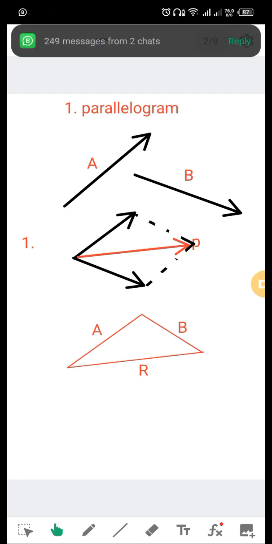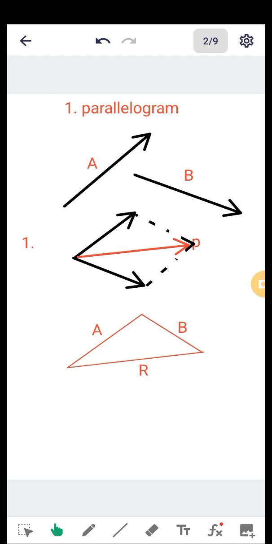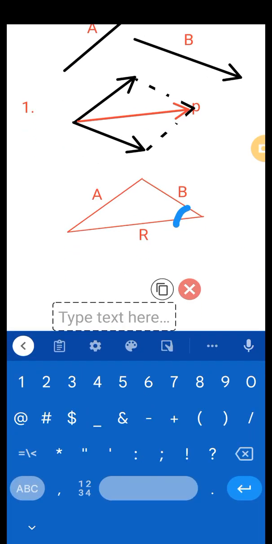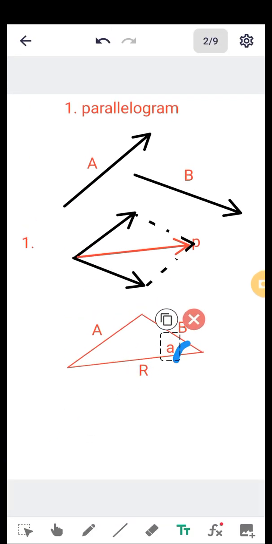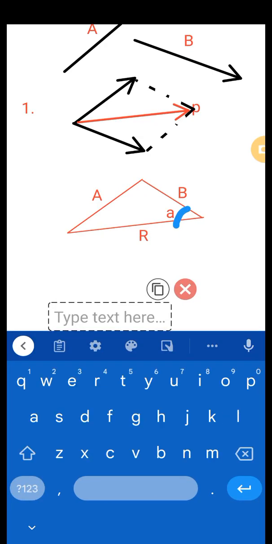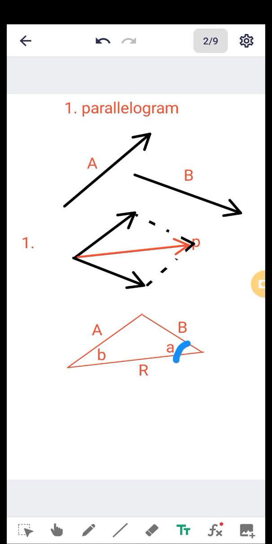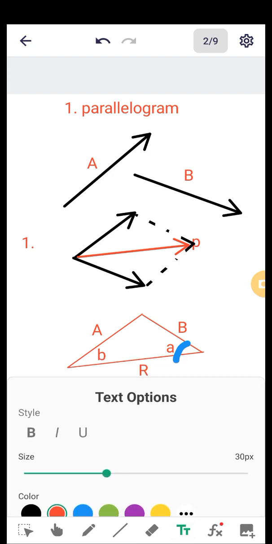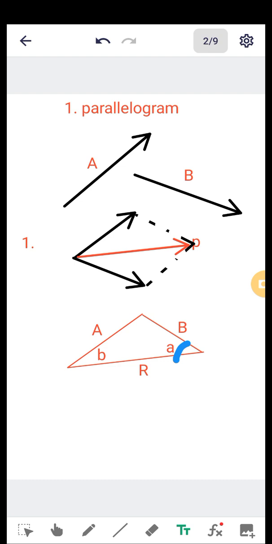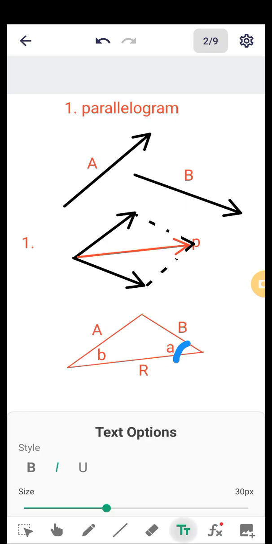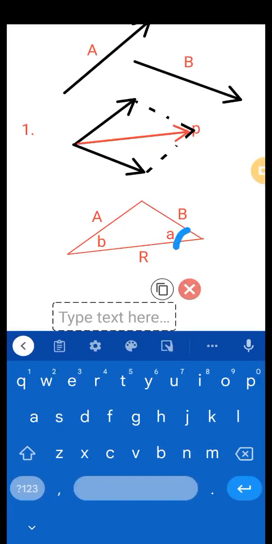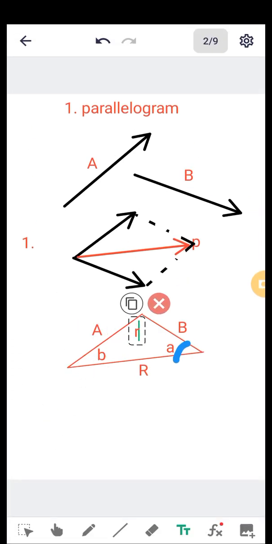Now we can put angles here. We put an angle there, so that would be angle A. Then this is angle B, and that is angle R. So this is the angle here, this is the angle here.